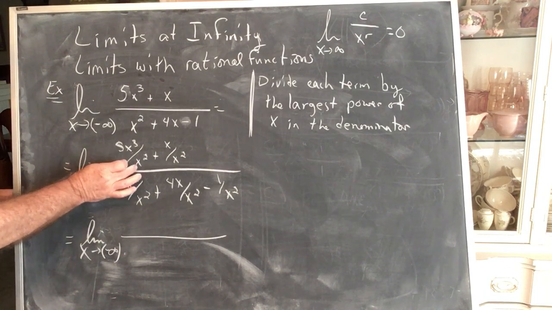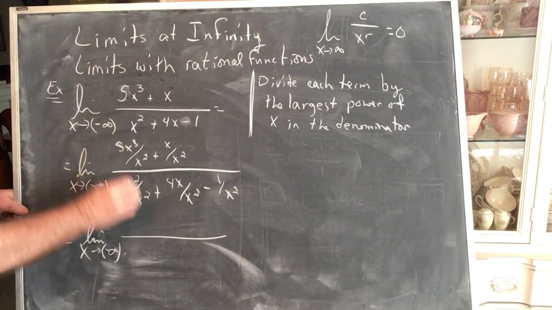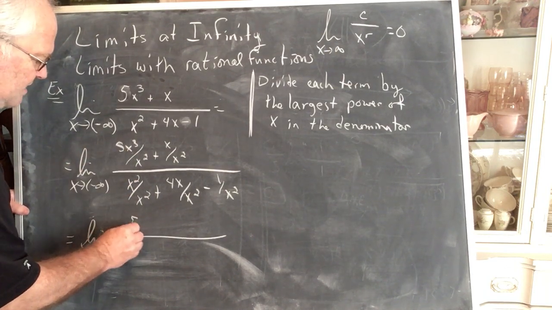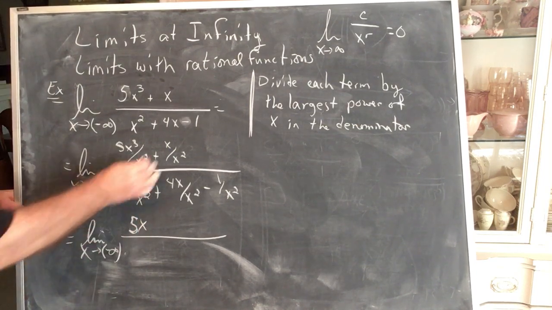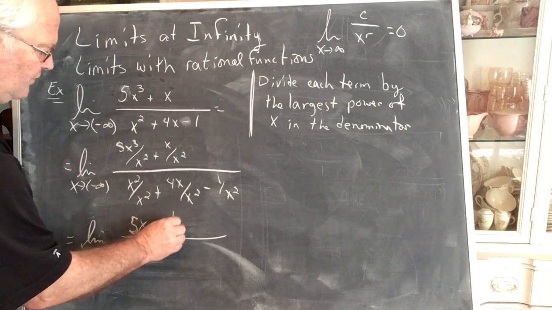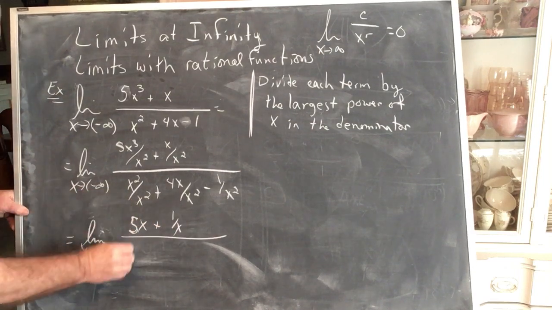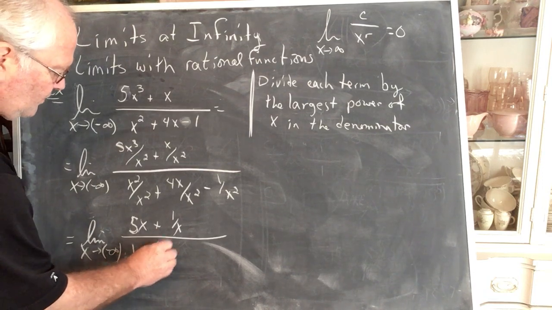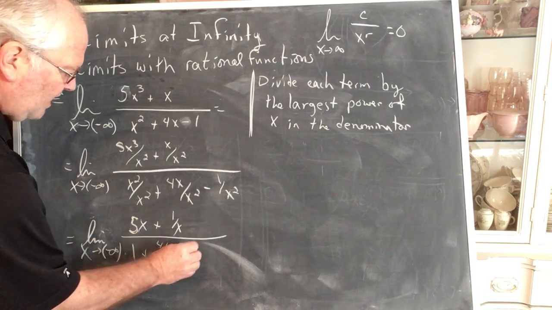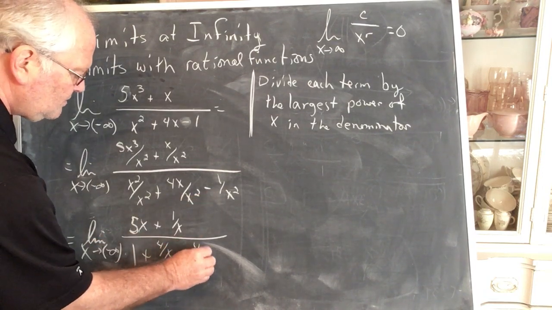All right, x to the second denominator, x to the third numerator, this simplifies to 5x. All right. This is plus 1 over x. Here this is 1. This is 4 over x. And this is minus 1 over x squared.